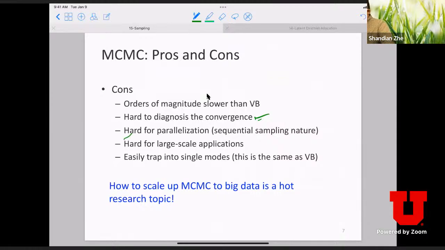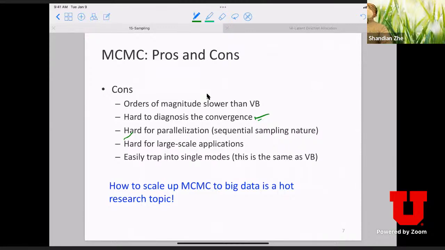The third disadvantage is that it is hard to parallelize. Markov chain Monte Carlo sampling is essentially generating new samples through a Markov chain. So you need to condition on the current sample, the previously generated samples, to get new samples. So it is sequential in nature. It's very hard to get parallel samples.